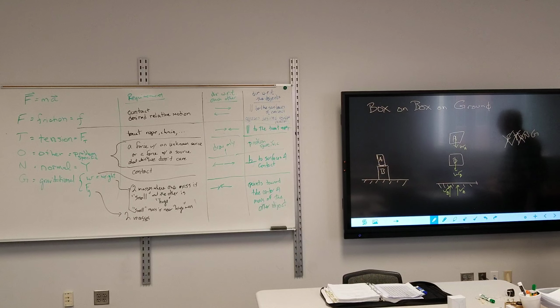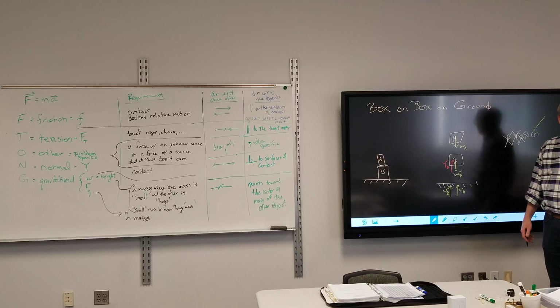Normal force. Which way does the normal force act? Well, the ground's pushing up on B, and B's pushing up on A. So I got the ground pushing up on B. And let's do the pairs. What's the other part of that pair?